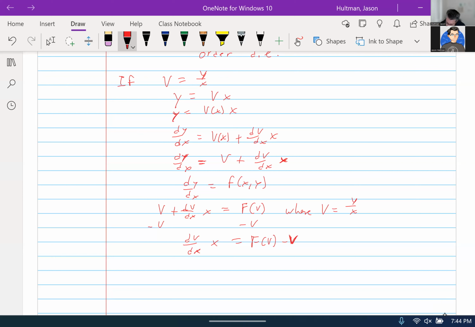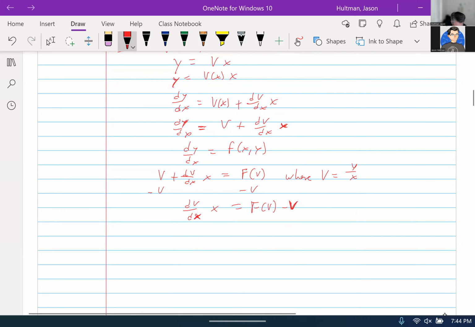And so we now can end up with a separable differential equation. This becomes separable in that I could divide by the f of v minus v, and then divide by the x and multiply by the dx. So let me just show you what that looks like.